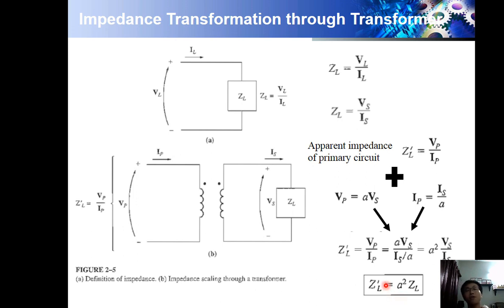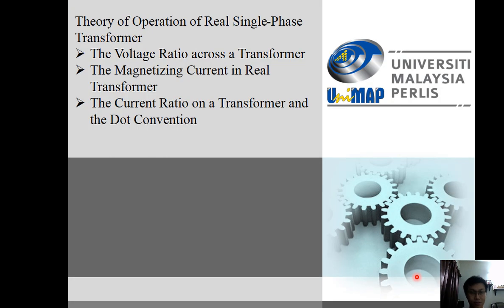This is called impedance transformation through a transformer. I transfer the impedance from the secondary to the primary side, or from the primary side to the secondary side. That's why we call it impedance transformation with a factor of A squared. We will use it later, not now.